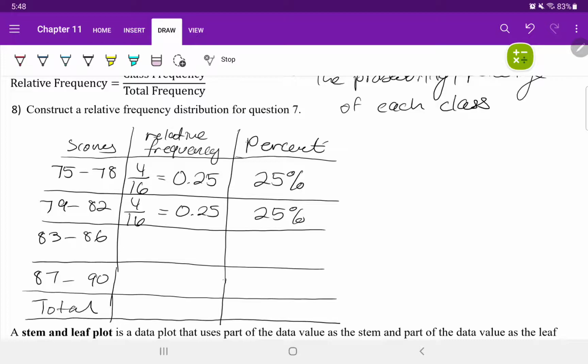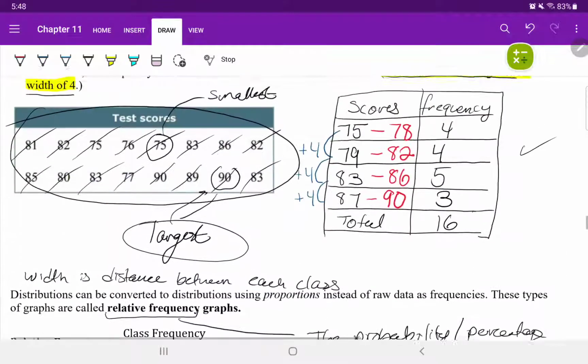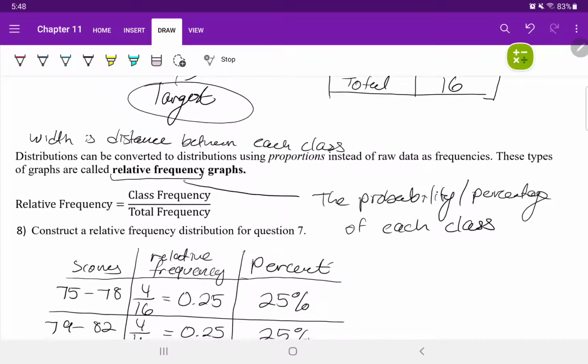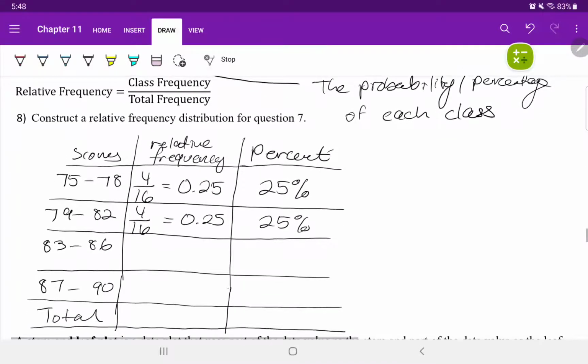For the class of 83 to 86, the class frequency is 5. So that's going to be 5 divided by 16. When I divide that, it is 0.3125, which is going to be 31.25%.